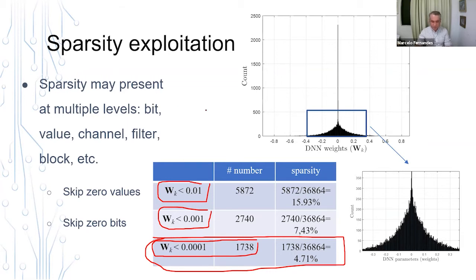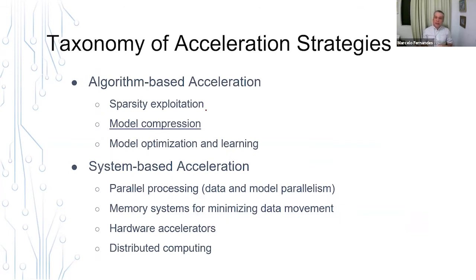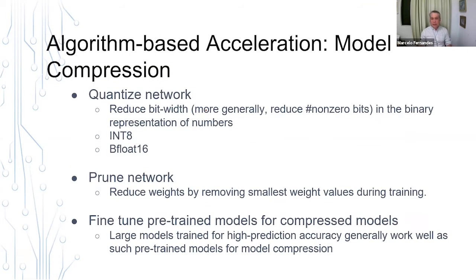Another way is model compression, and here we have three ways. We can do quantization, where we reduce the bit width, the size of the bits. We can do pruning, which is another strategy.